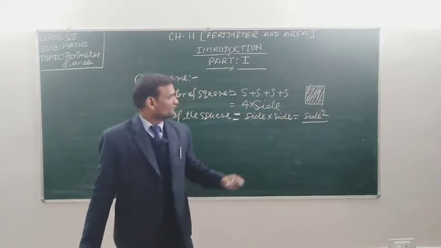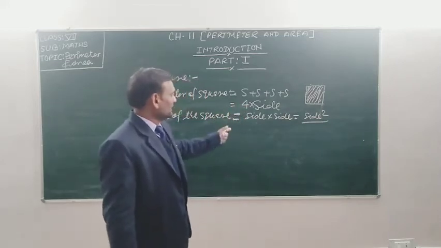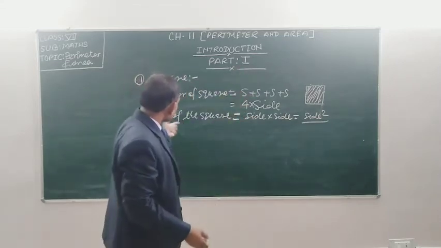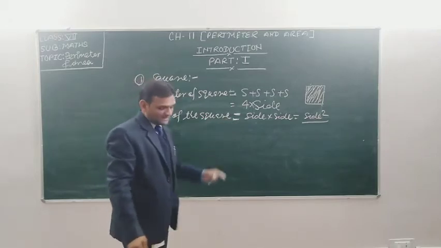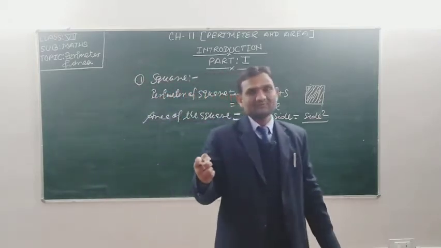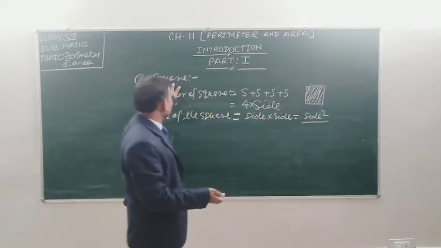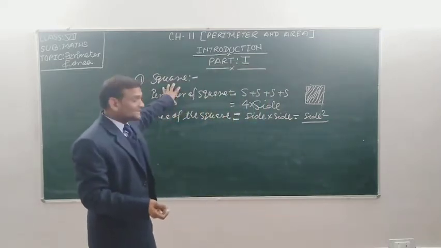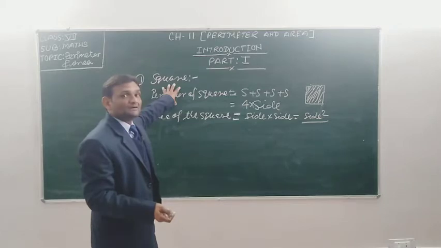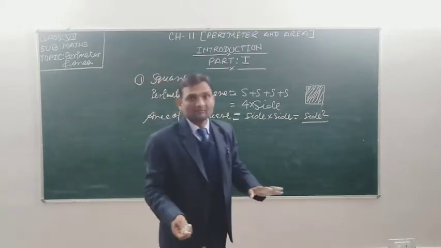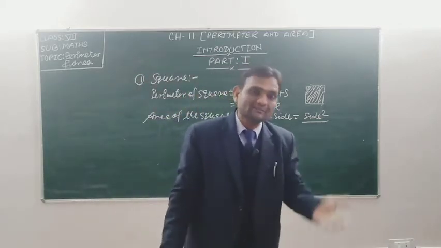Student, one thing more we want to tell you here, that area is always written in square unit, but perimeter is not written in square unit, it is always written in single unit, like meter, like centimeter.